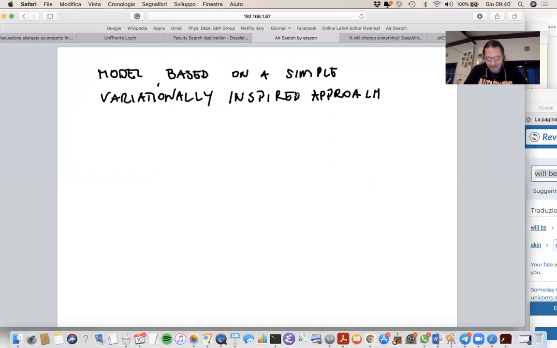Okay, so the idea is to use an independent particle model of the type that we discussed in the previous lecture through the Slater determinant. So let's see what it is.